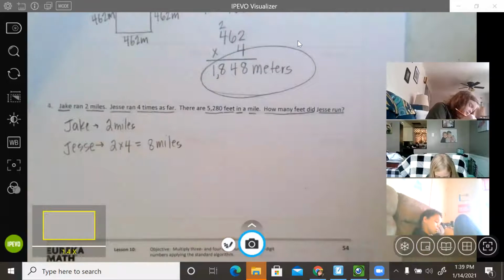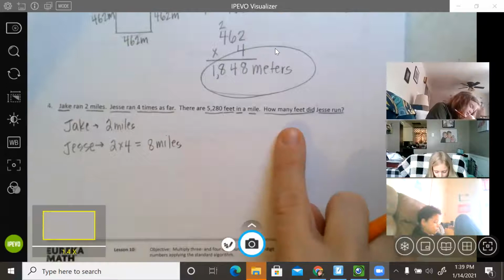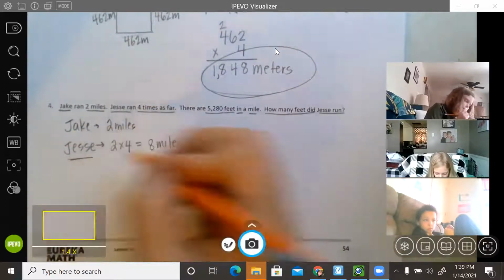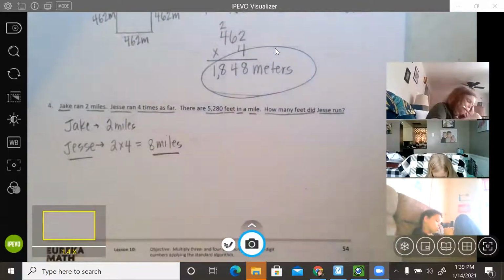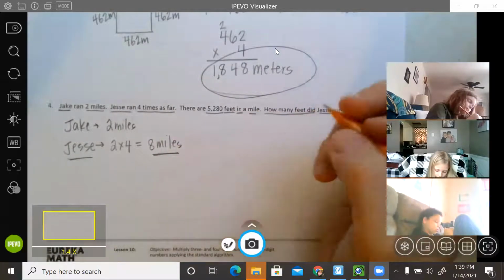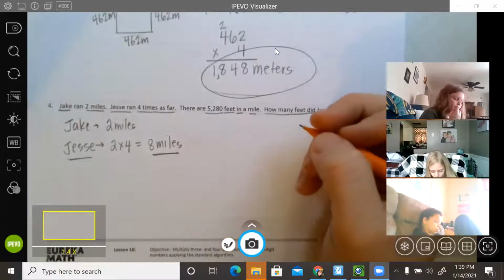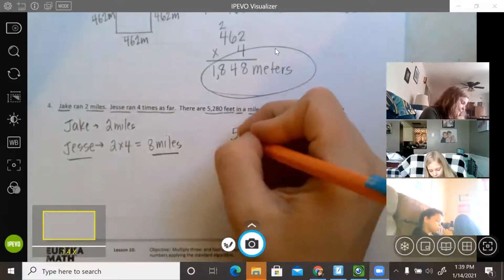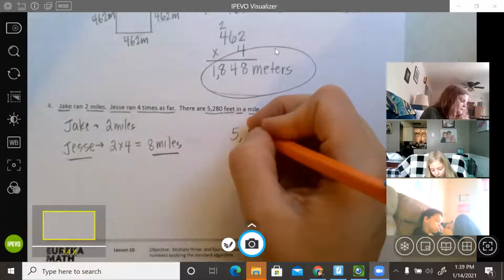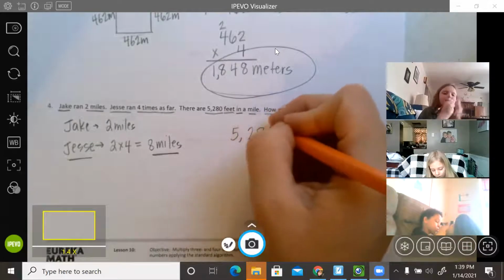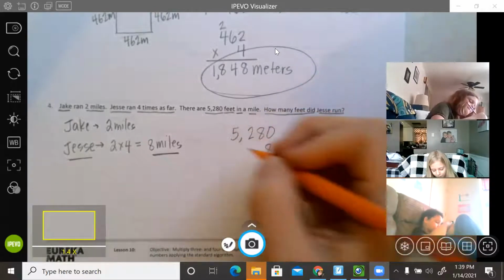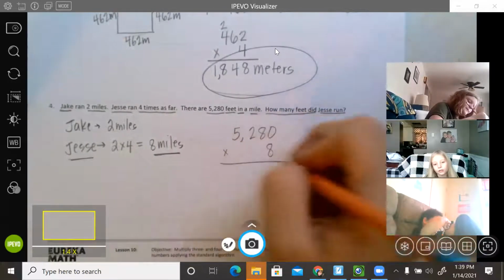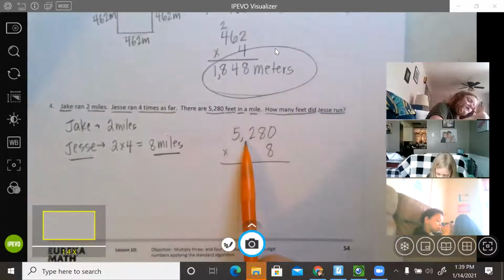Okay, so Isla, if we need to figure out how many feet Jesse ran, we know that Jesse ran 8 miles. What would we do to figure out how many feet that is? 5,280 times 8. Good. This is how many feet are in 1 mile.